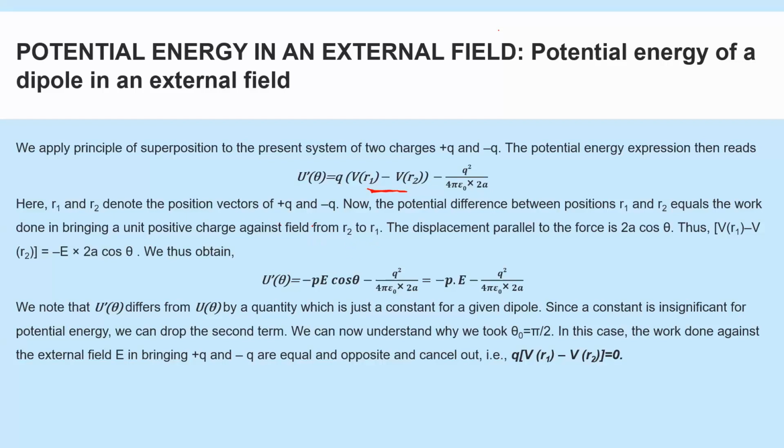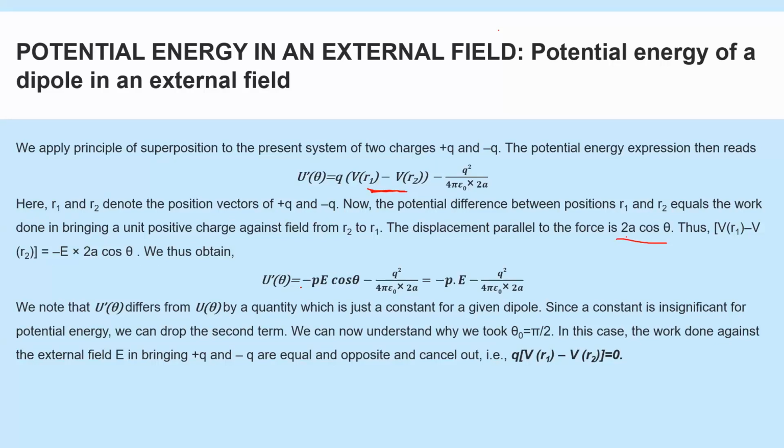So what is the potential difference between the points R1 and R2, when we bring a unit positive charge against the external field? The displacement is parallel to the force, so the displacement can be given as 2a cos theta. So V(R1) minus V(R2) is going to be minus E into 2a cos theta.